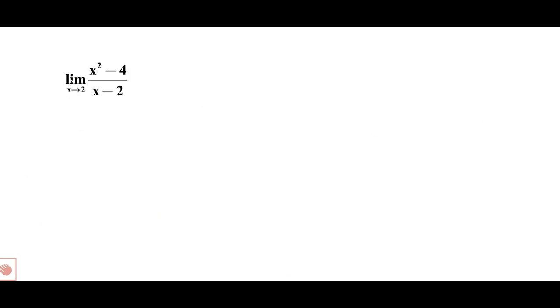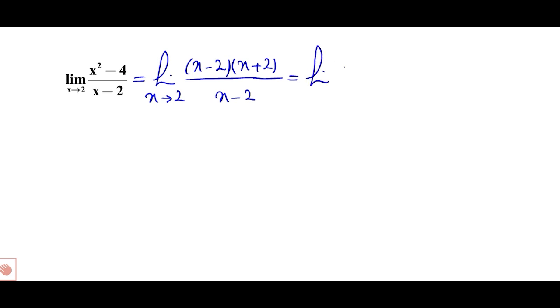What is the value of the limit of x squared minus 4 over x minus 2 as x approaches 2? So the limit of x squared minus 4 is equal x minus 2 times x plus 2 over x minus 2 as x approaches 2. So we have the limit of x plus 2 as x approaches 2.